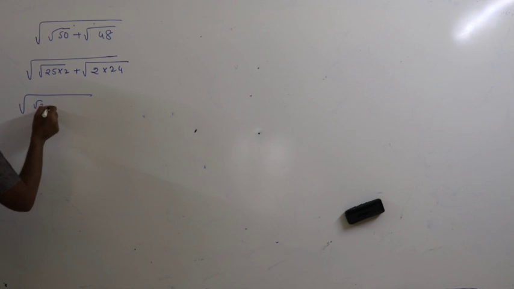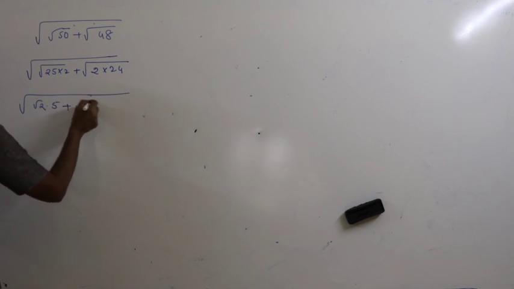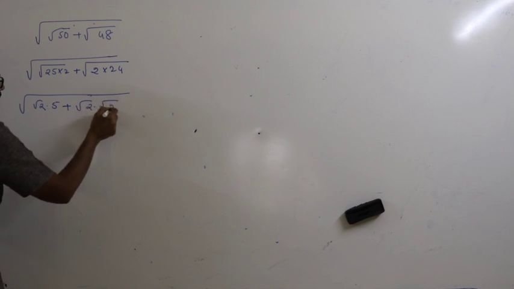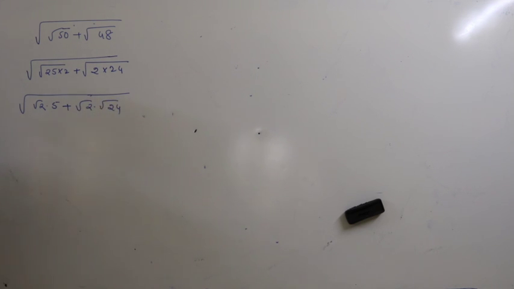Root 25 is 5, so 5 root 2 plus root 2 into root 24. In these two, root 2 is taken common.